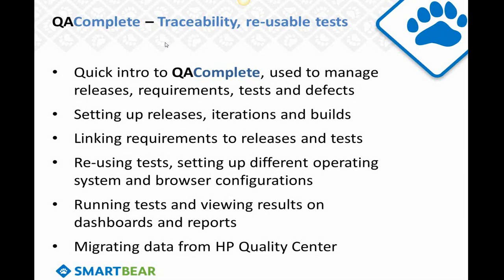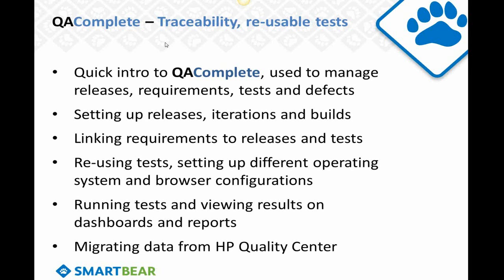But it also has some nice little integration with TestComplete in that it can automatically show the runs that you've done through TestComplete. And what that allows your team to do is get the visibility of all of your automated test runs right next to your manual test runs. Now, QAComplete also has the ability to schedule those TestComplete runs through its scheduling component, and I'll demonstrate that to you in just a second.